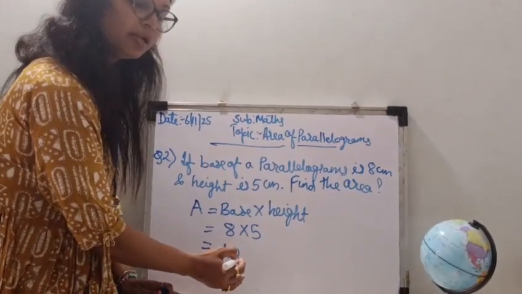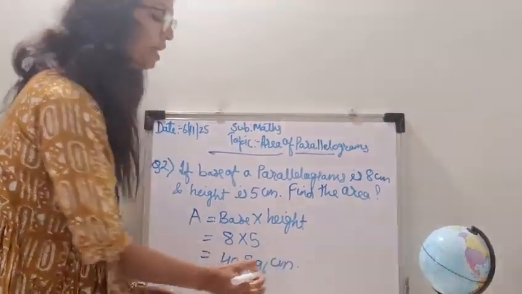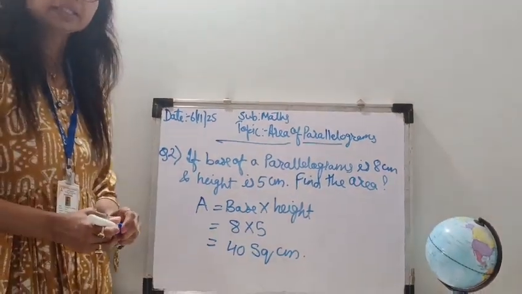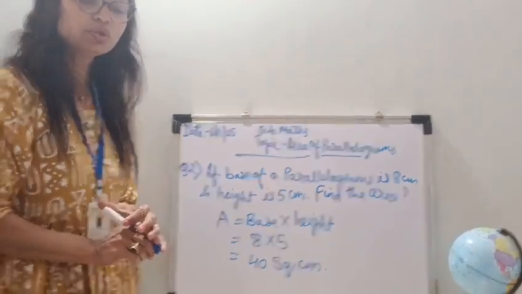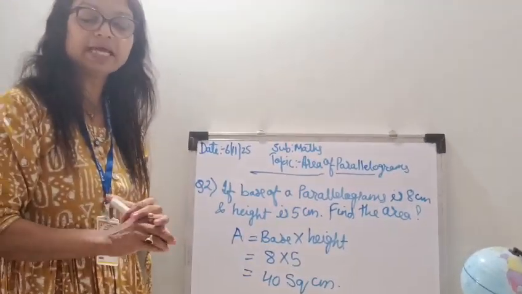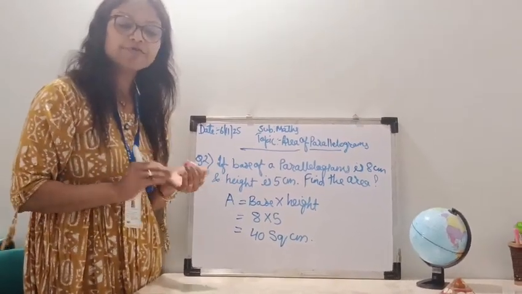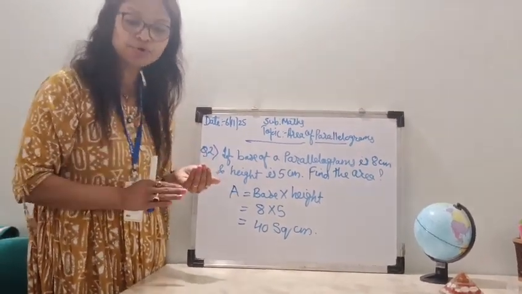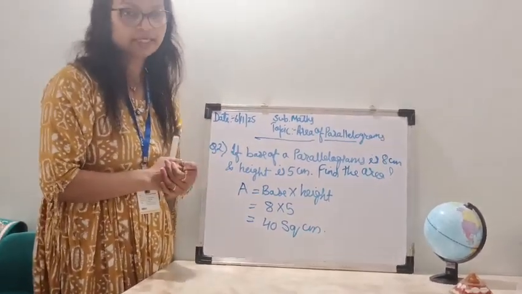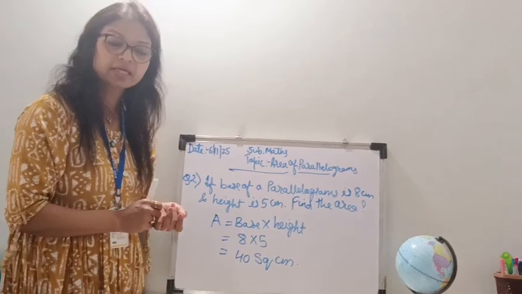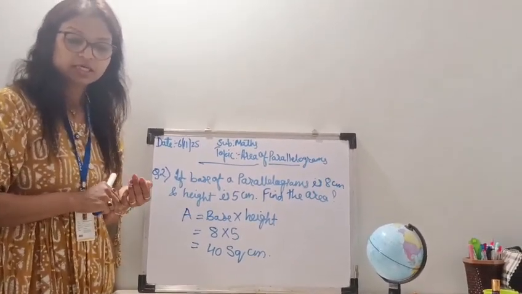It will be 40 square centimeter. Right? Clear? So now you have to recognize the questions. If height of a parallelogram is 4 unit and the base is 7 unit, find the area. Okay. Again you have to revise this.